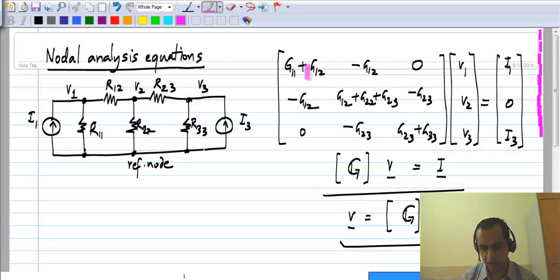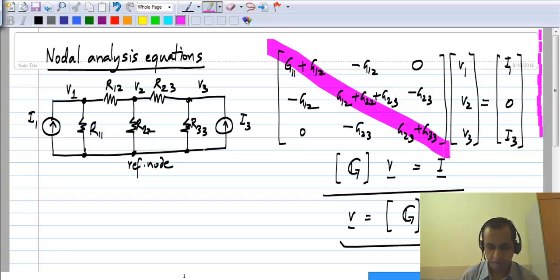First, let's focus on the diagonal elements of the matrix. Okay, what do you see? Let me remind you that the first row is for node 1 and the first column here corresponds to whatever is multiplying V1.